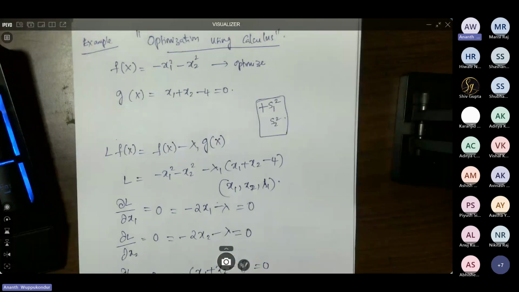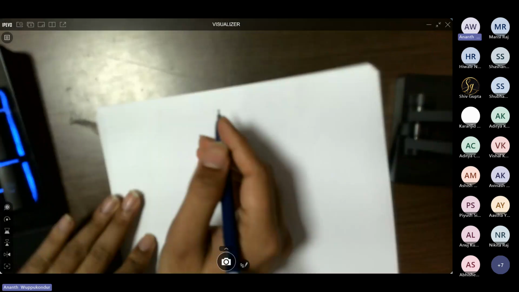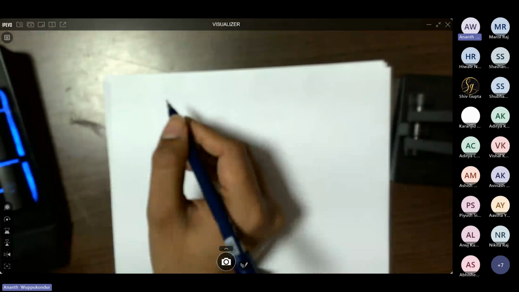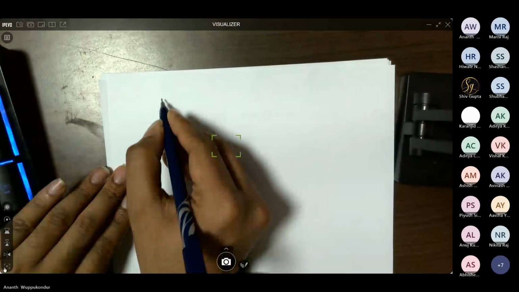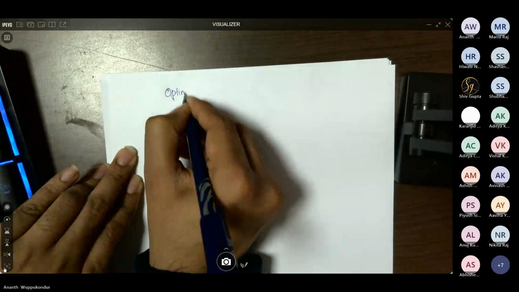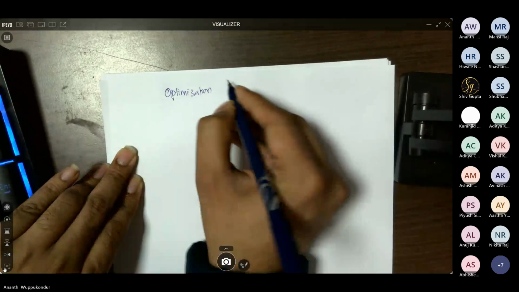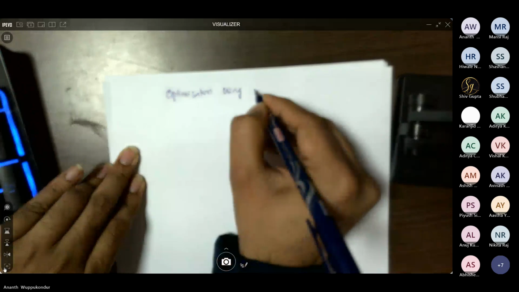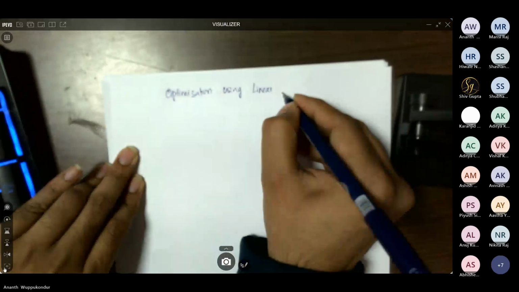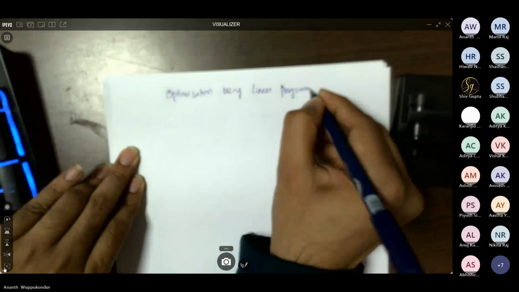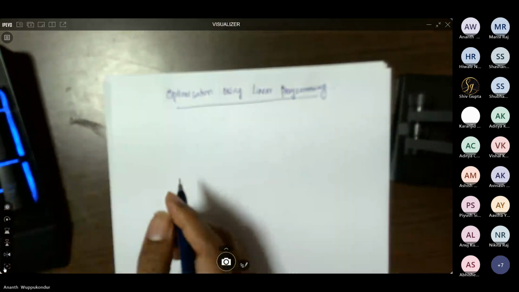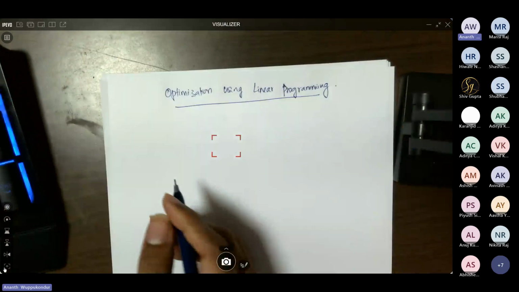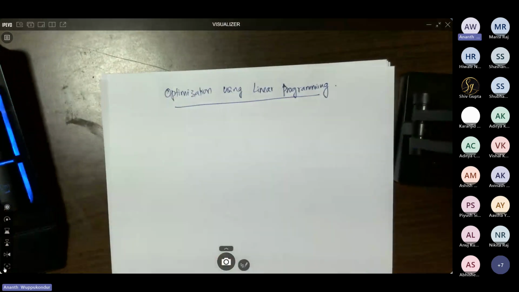Now, the next step is we are going to venture into optimization using linear programming. The linear programming itself, we are not going to look at in this lecture.